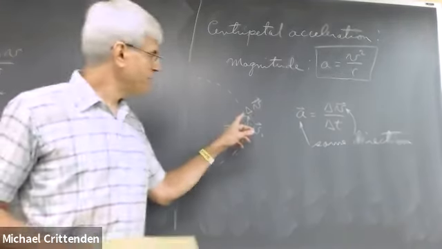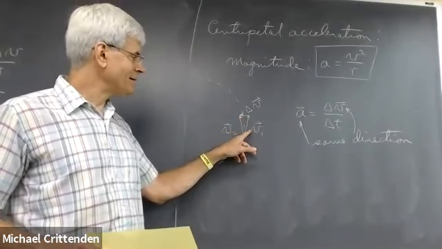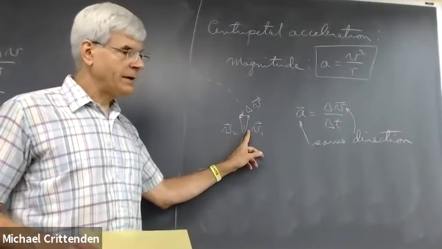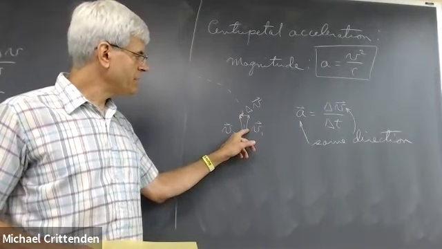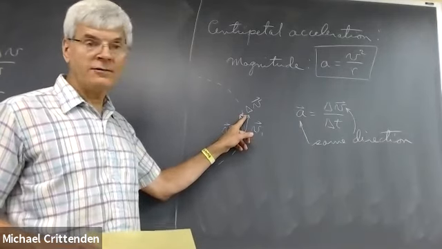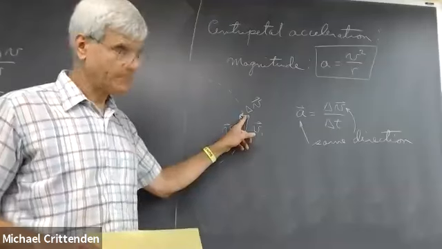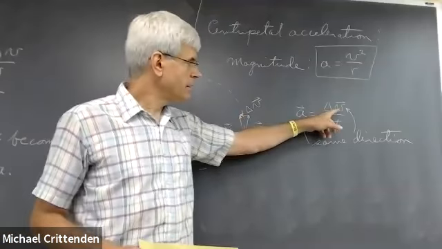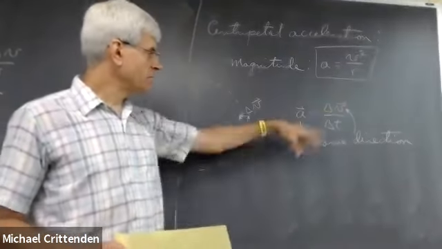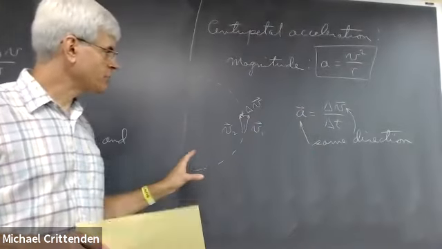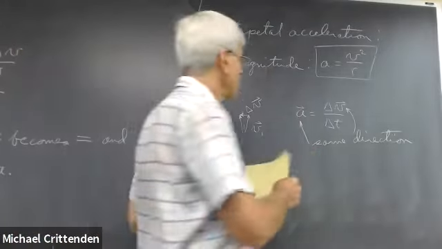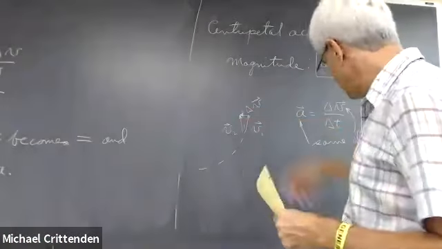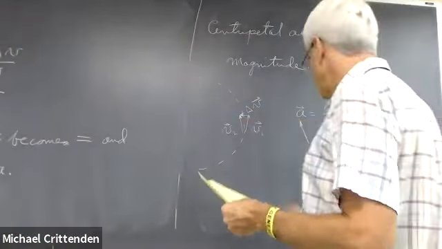The direction of the acceleration is not necessarily the direction of your velocity. The direction of the acceleration is the direction of the change. Delta v, divide by a scalar, no change in the direction. So the direction of the acceleration as shown on this diagram is toward the center.